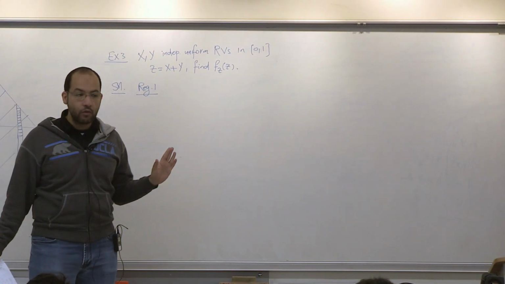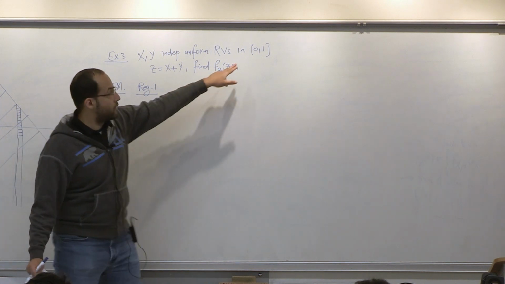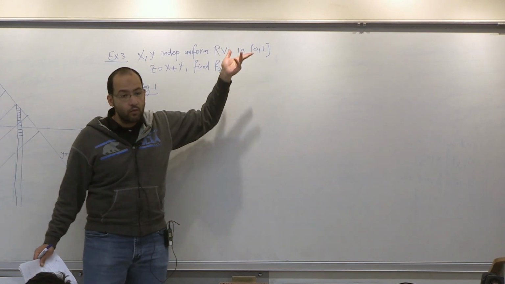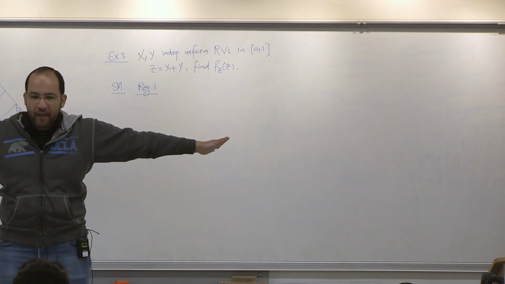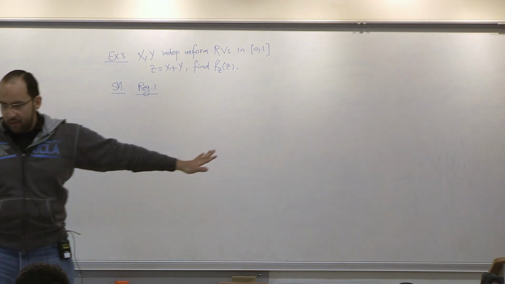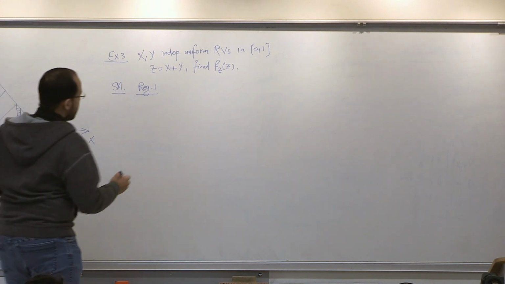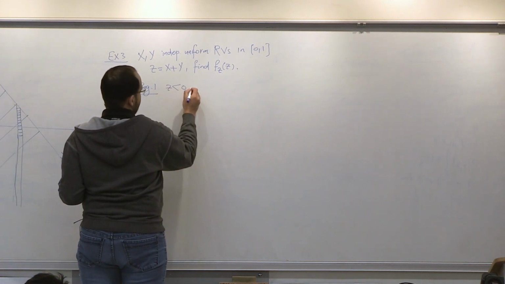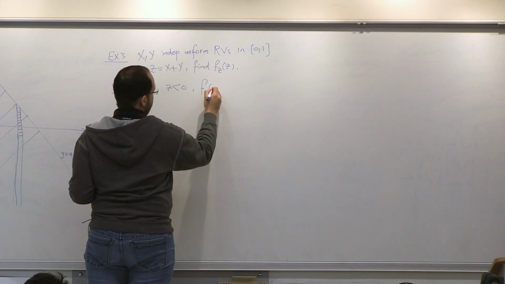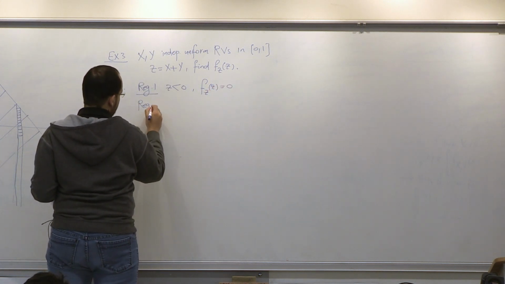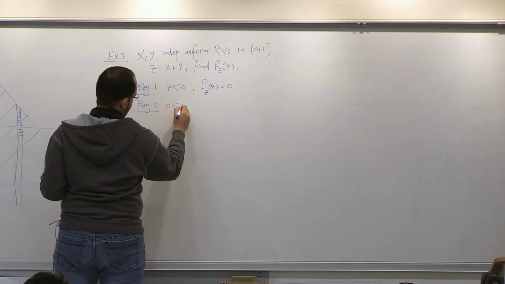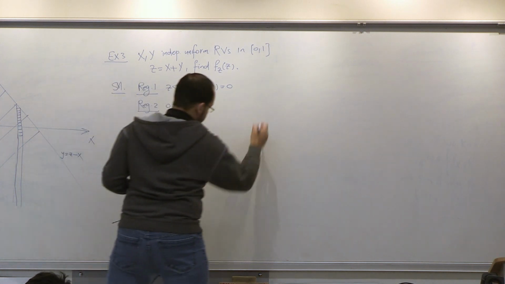Exactly, 0 to 2, right? The minimum value is 0, the maximum value is 2.